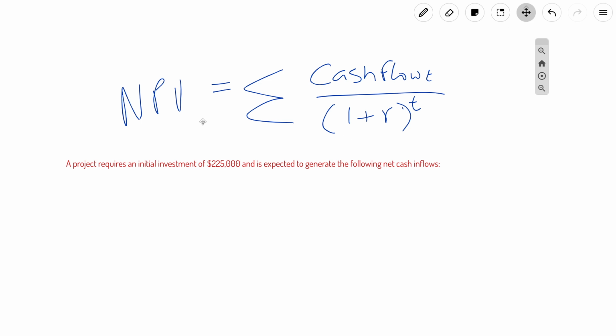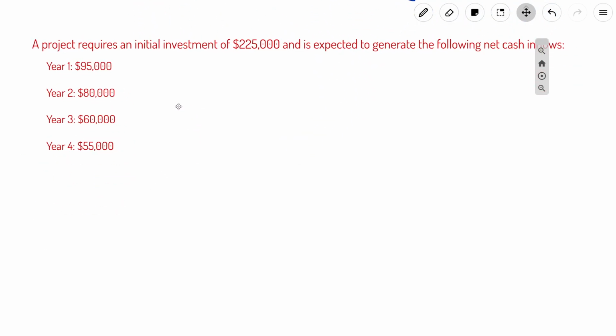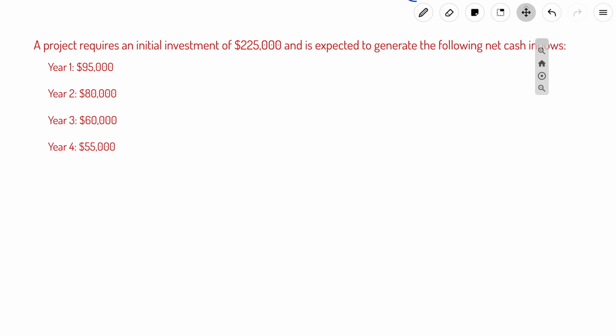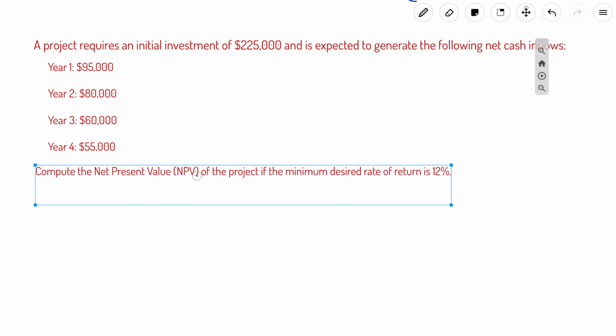So in year one, we expect these cash inflows, $95,000. In year two, $80,000. Year three, $60,000. And year four, $55,000. And then the question, which will enable us to better understand this, ends with this request. Compute the net present value of the project if the minimum desired rate of return is 12%.